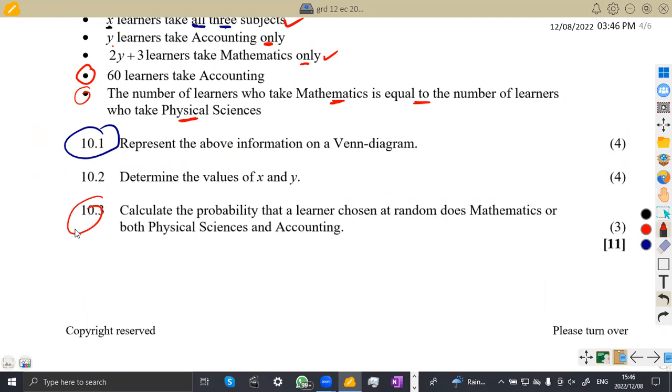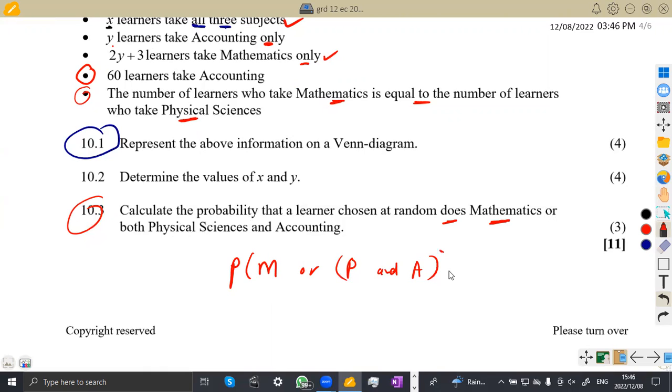Then on 10.3, calculate the probability that a learner chosen at random does mathematics or both physical sciences and accounting. So the question is, we need the probability of those who are doing mathematics or physical sciences and accounting.